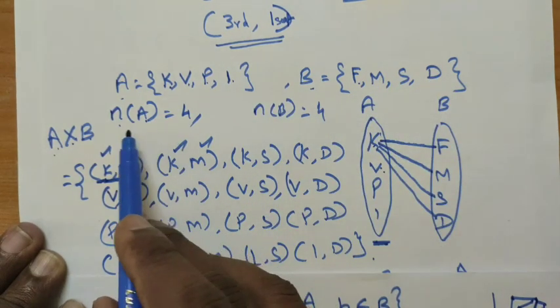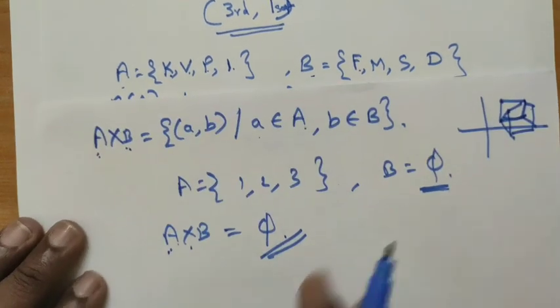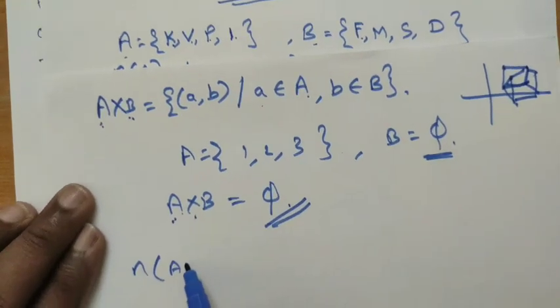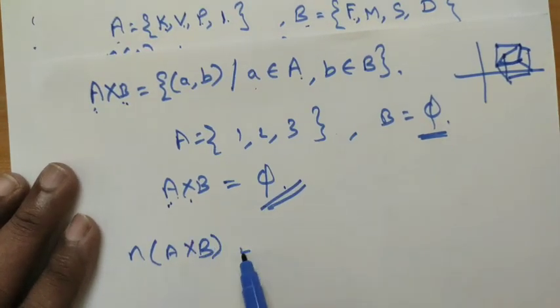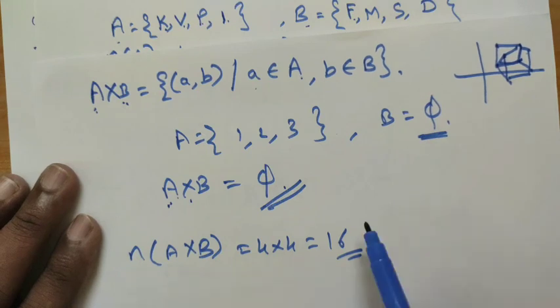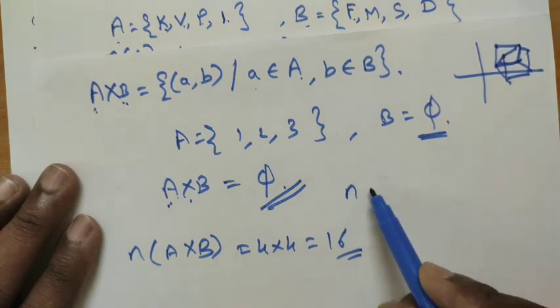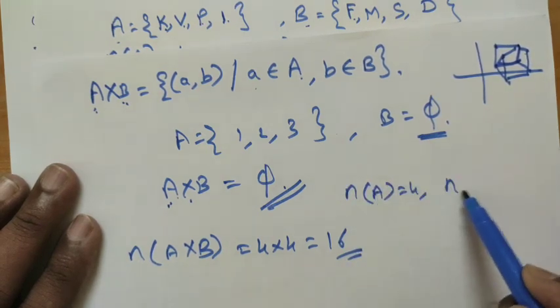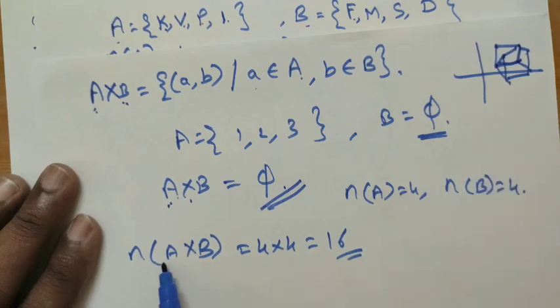So when we find n of A cross B, it is always 4 into 4 elements, that is 16 ordered pairs. Simply, if n of A is 4 and n of B is 4, then n of A cross B, that is A into B, is 4 into 4, totally 16 elements.